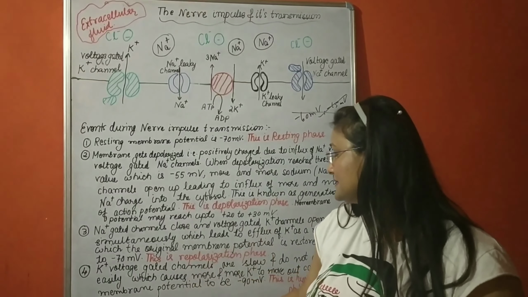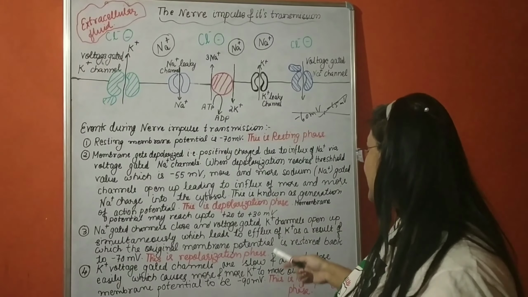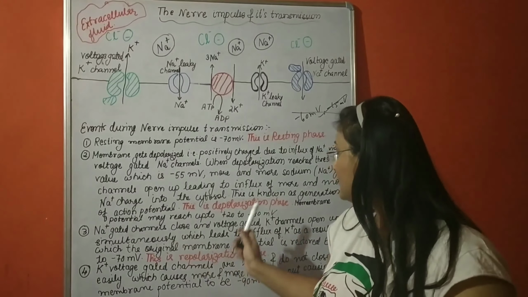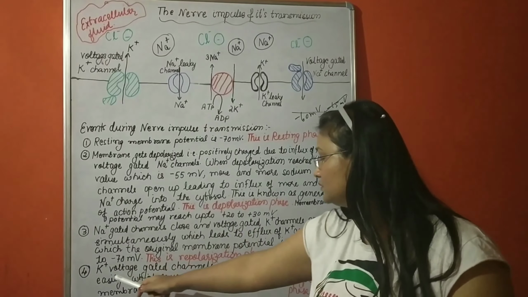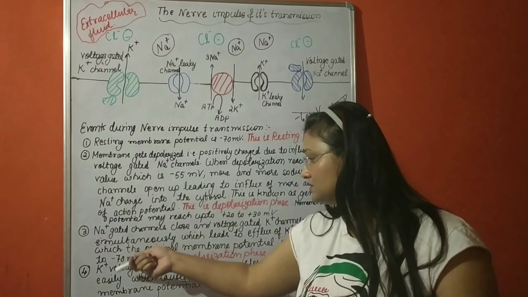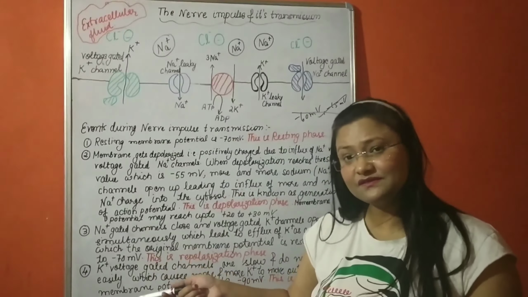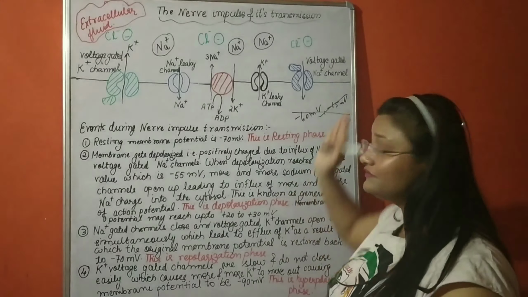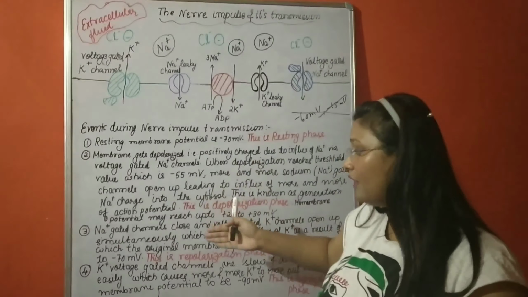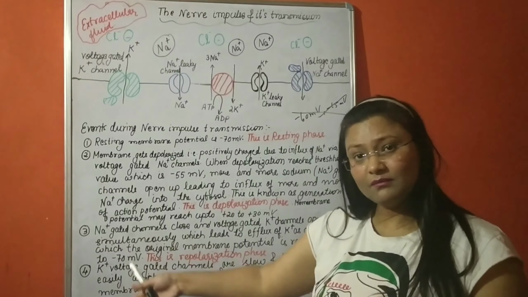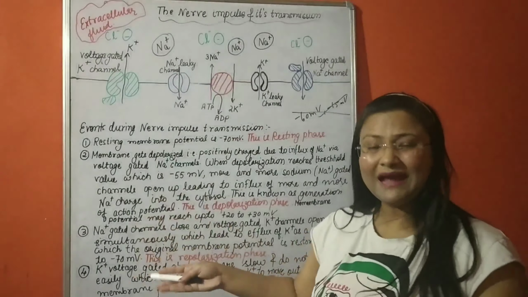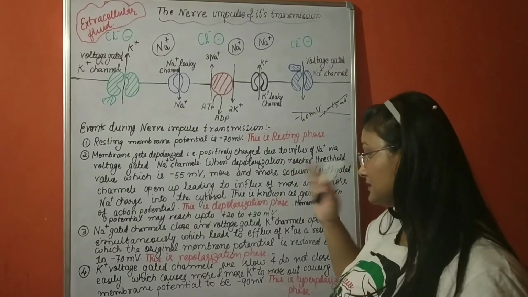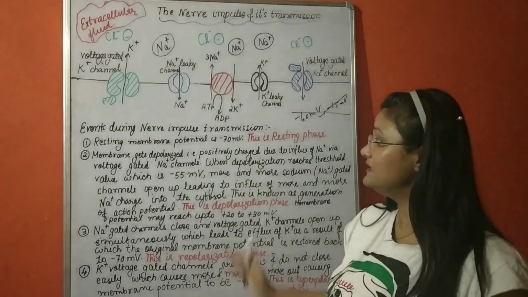As a result of this, the original membrane potential is restored back to minus 70 millivolts. Why? From plus 20 millivolts to minus 70 millivolts is achieved because K plus is going outside, potassium is going outside, and a positive charge is leaving the cell. So now the cell is supposed to be at minus 70 millivolts. This is the reason why the original resting membrane potential is restored.